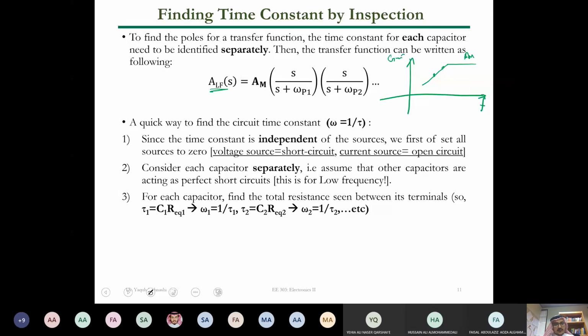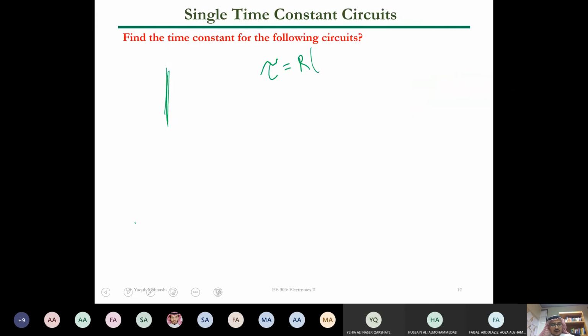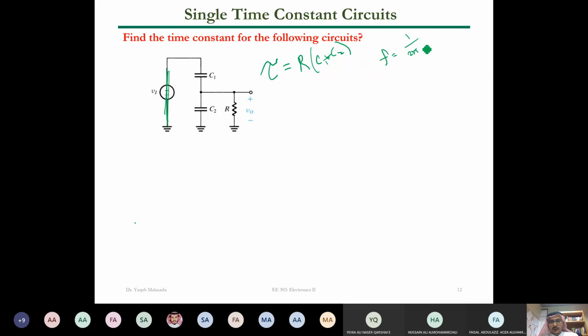So in the first step, as I said here, you need to deactivate. So we set all sources to 0. So we deactivate the sources, and then if we deactivate VI here, we'll see that C1 and C2 will appear in parallel, and the only resistance they can see is R. So this one will be your time constant. And of course, the pole here, or the corner frequency associated with this one, will be 1/2 pi tau. Is it clear, guys? So first you get the time constant and then you get the pole.